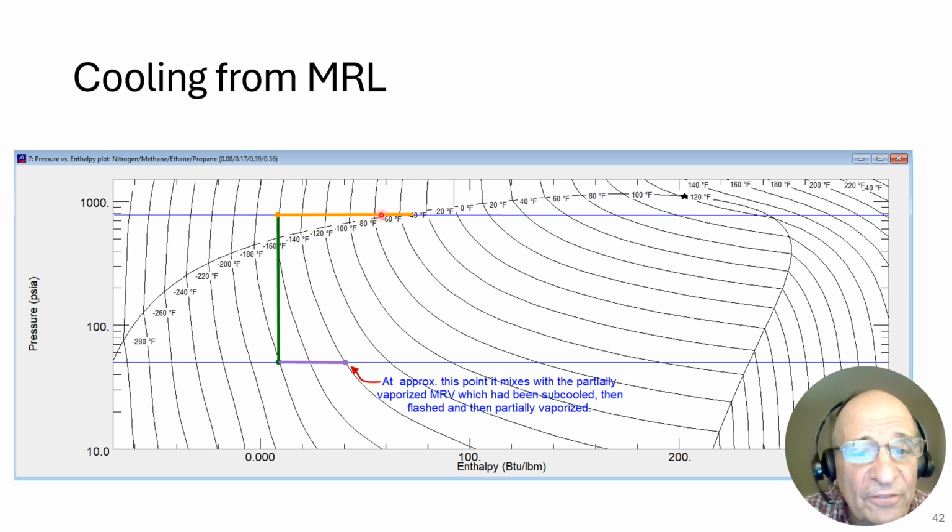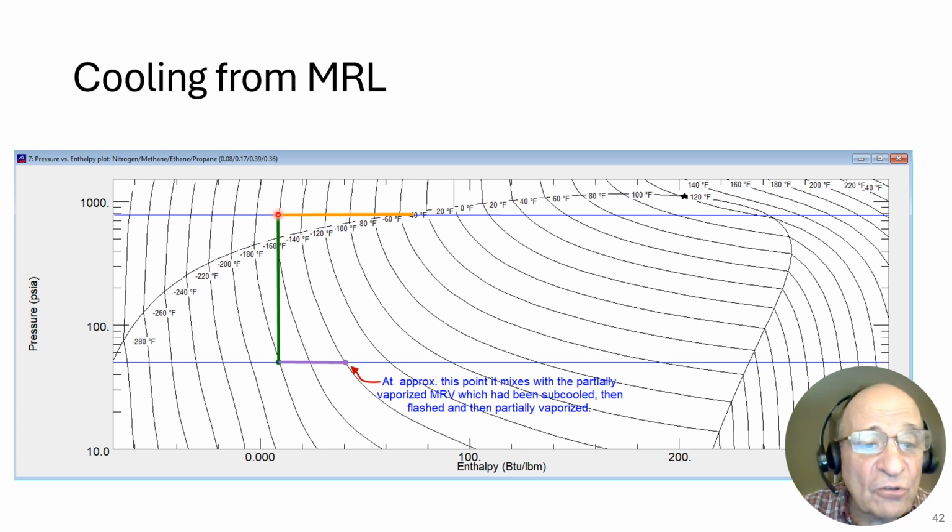It cools down further in the heat exchanger. What is it becoming? A subcooled liquid, down to minus 160 degrees Fahrenheit. And these are all hypothetical numbers, but this is the process that I designed in order to do this presentation.